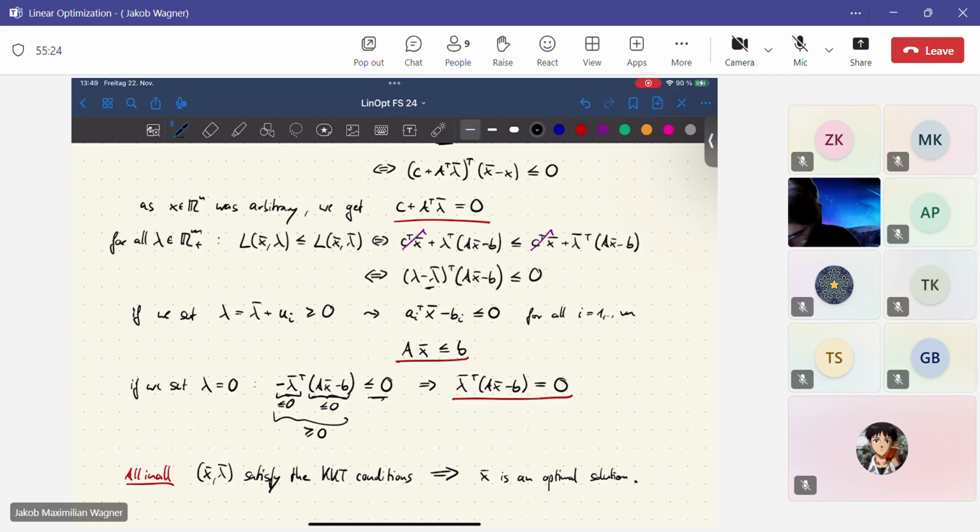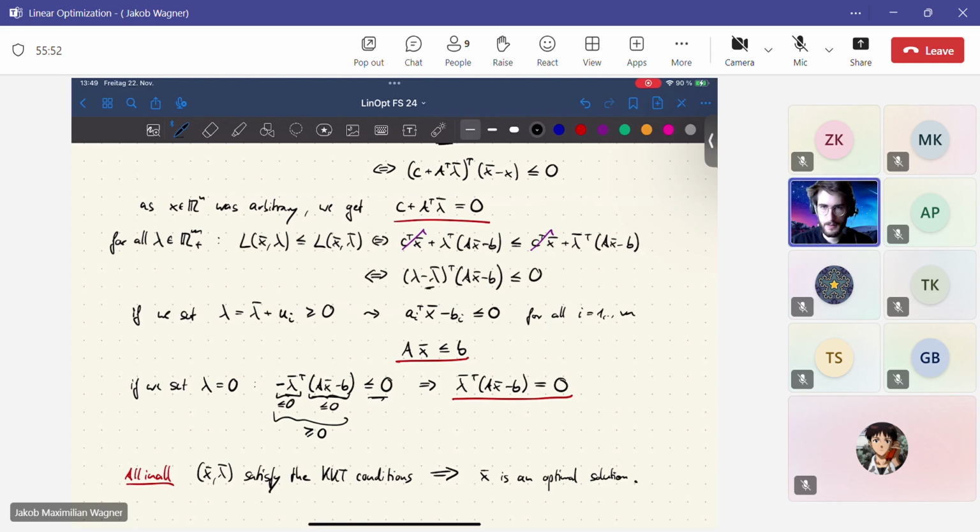All right. With this, we want to leave duality behind us and move on to this notion of vertices and faces and so on. I've written down the theorem that if we have an optimal solution, we can always find an optimal vertex.